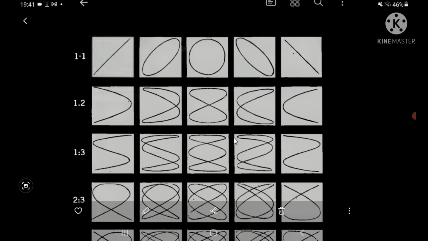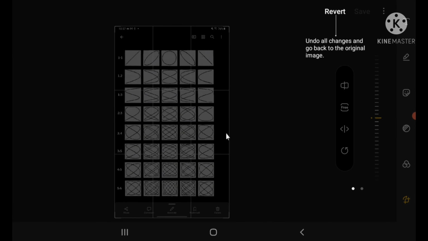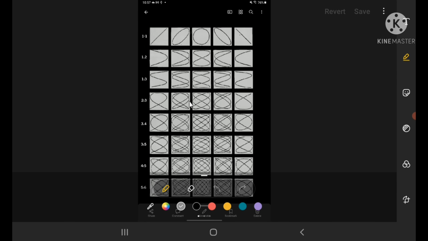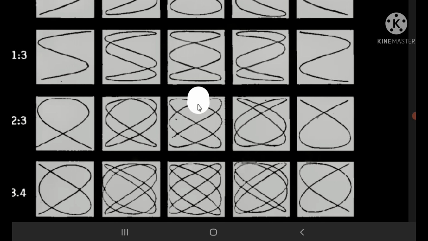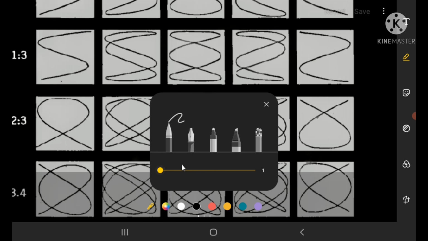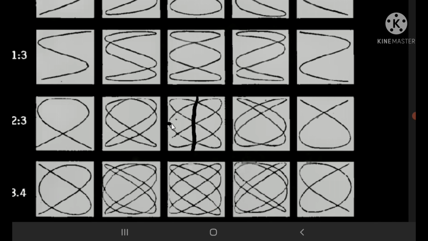You can see that some figures have twofold symmetry.